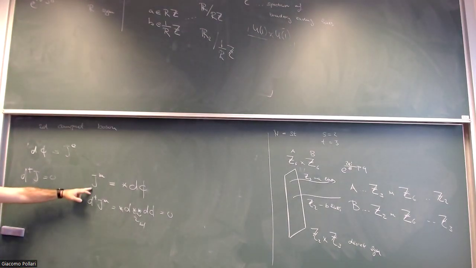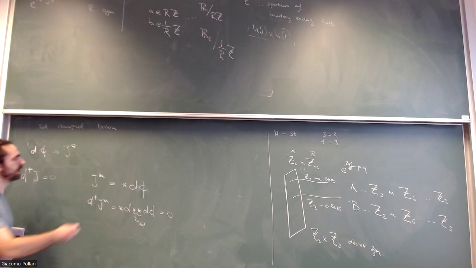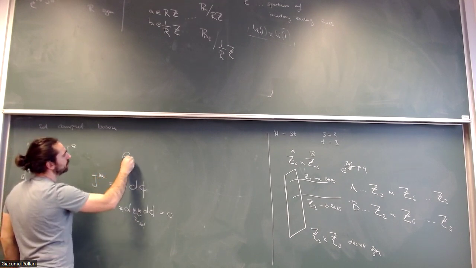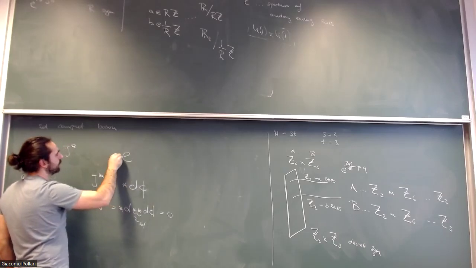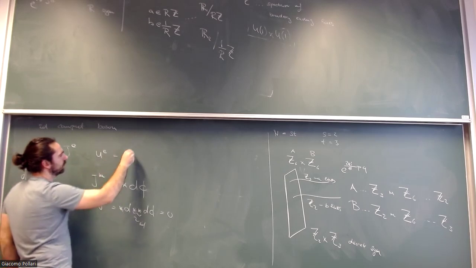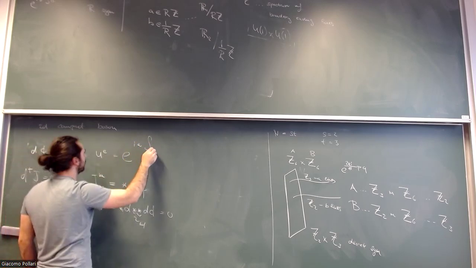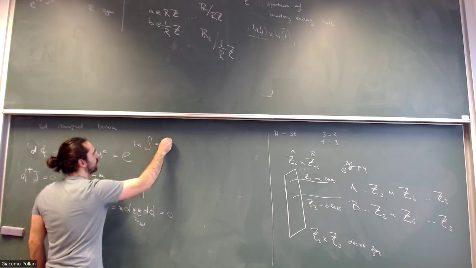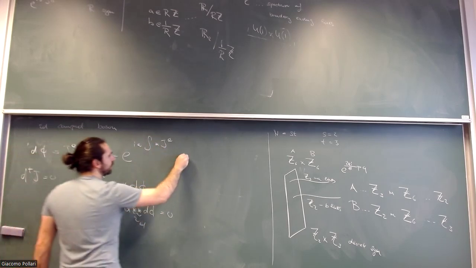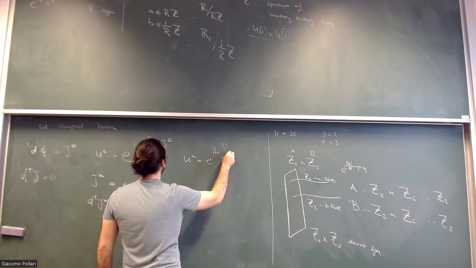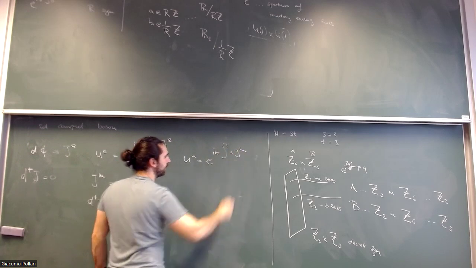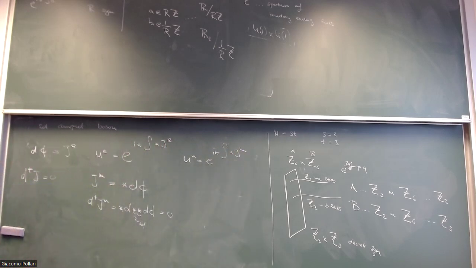So there are these two currents, and this one is a bit weird. They're both global currents, so I can make two operators out of them: Q electric and Q magnetic. They're both topological, but what kind of symmetry they generate, that's tricky.